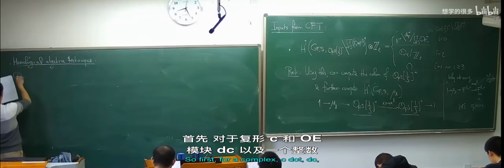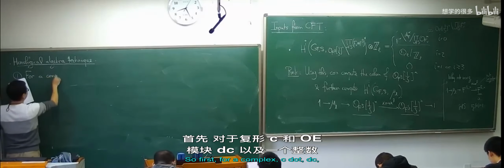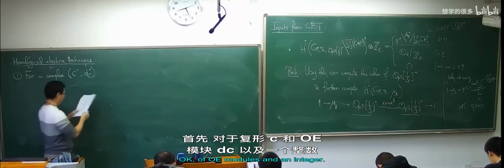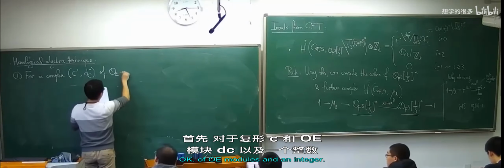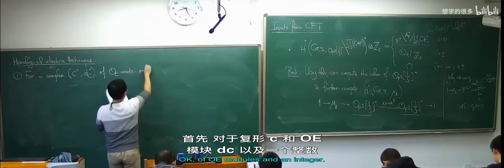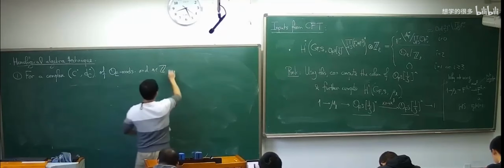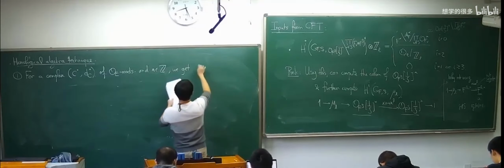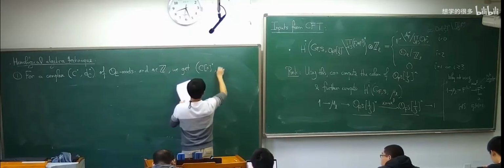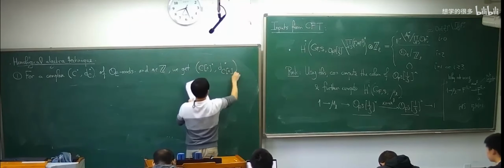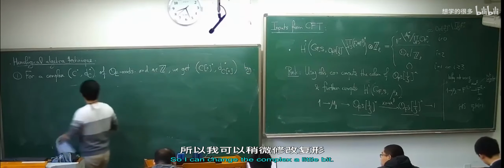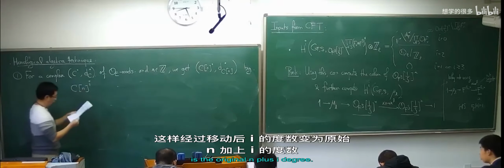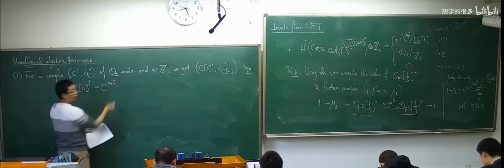So first, for a complex C dot with differential dC of OE modules and an integer n, we can shift the complex to the left, so that after the shift, the ith degree is the original n plus i degree.